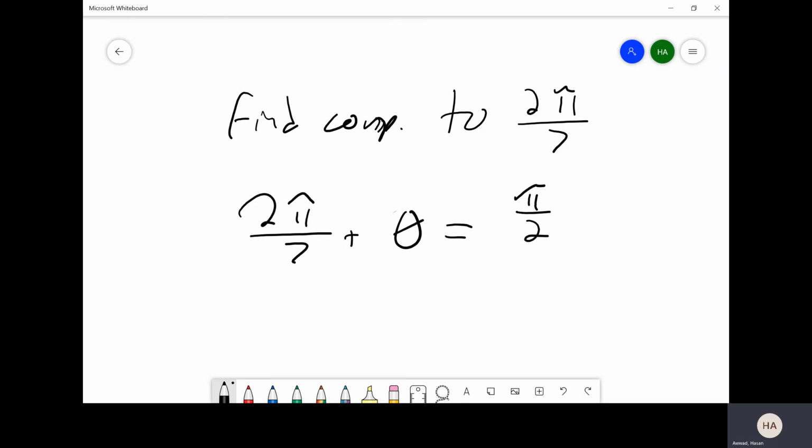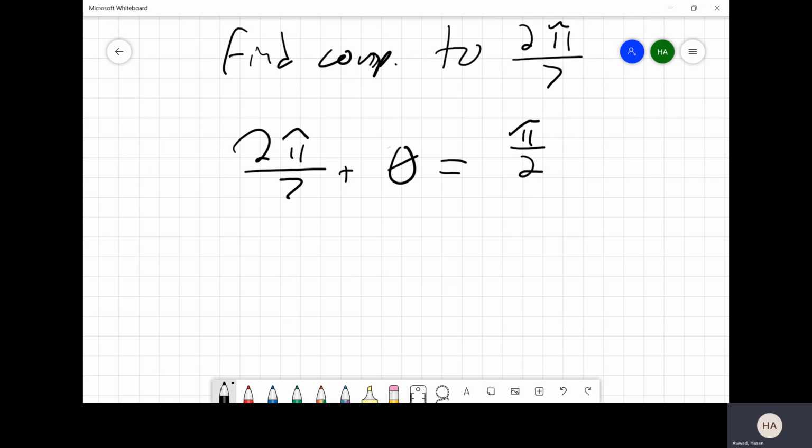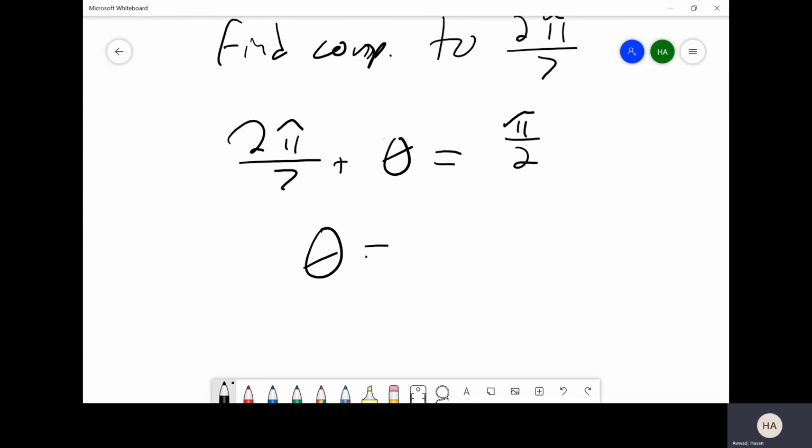Well, we solve for this the same way we solve for any unknown variable in any of the lectures that we've done before. We've always isolated it, right? So if I have 2 pi over 7 being added to this angle, I'm going to subtract both sides by the 2 pi over 7. So that's going to leave me with theta is equal to pi over 2 minus 2 pi over 7.